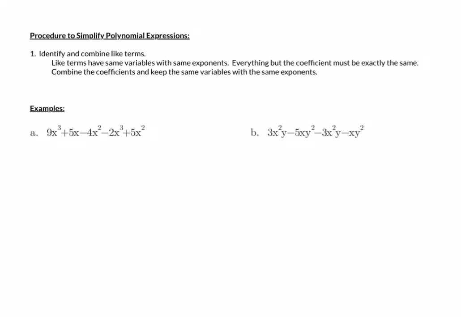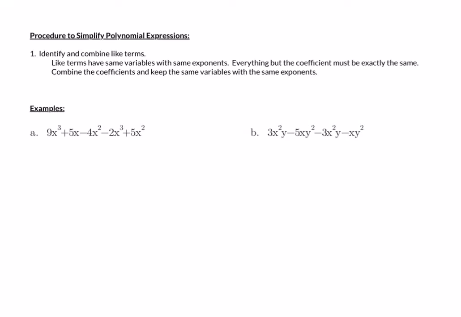We want to combine the coefficients and keep the same variables with the same exponents. We also want to write in descending order, just to make it a little bit easier to read. Okay, so if we go ahead and do this, let's see what we get.